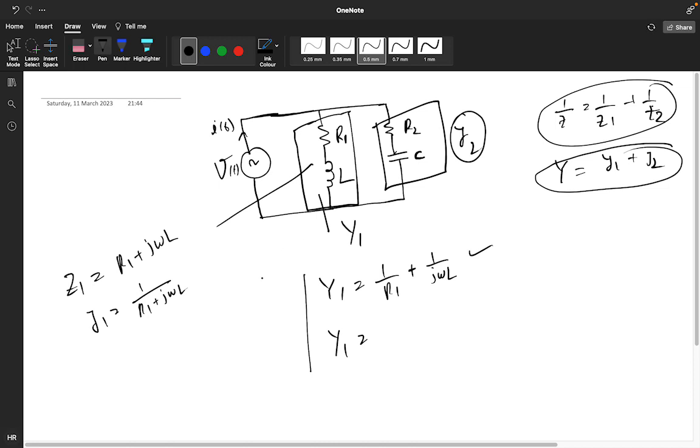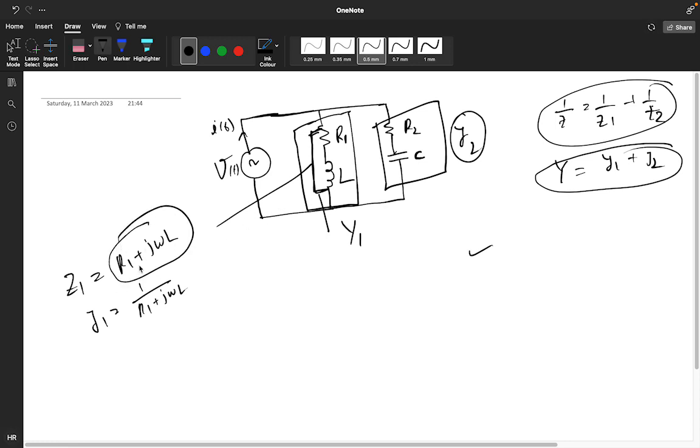Okay guys, you understood how I have written this? This is not correct. So for Y1 you need overall Z. Overall Z will be R1 plus j omega L, and the reciprocal of that, 1 by R1 plus j omega L, will give you Y1.